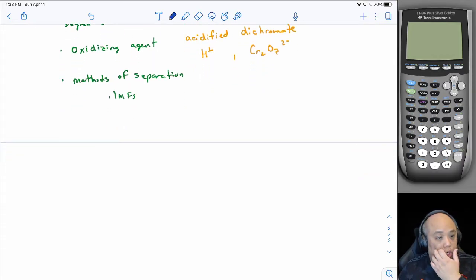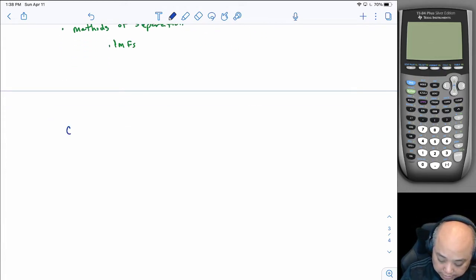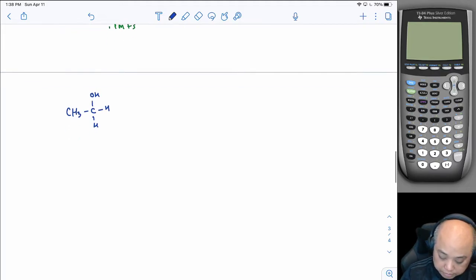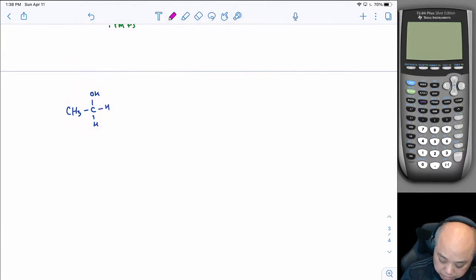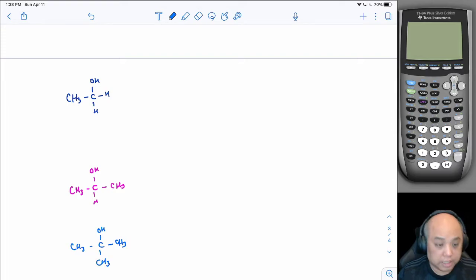So let's draw out our different degrees of alcohols. Okay. We have something like this. And we have something like this. And then we have something like this.